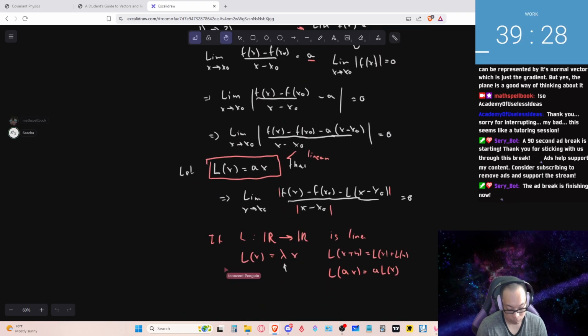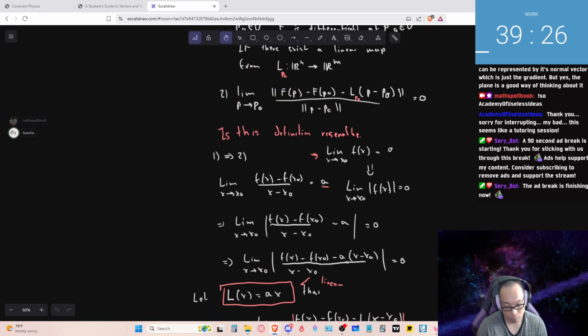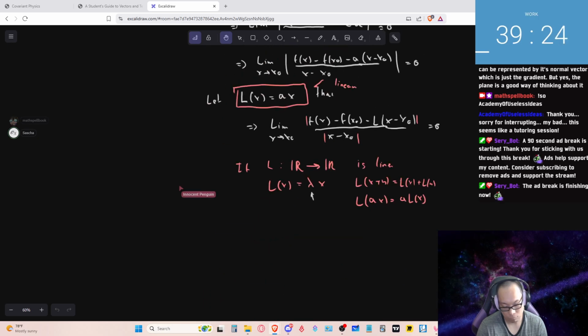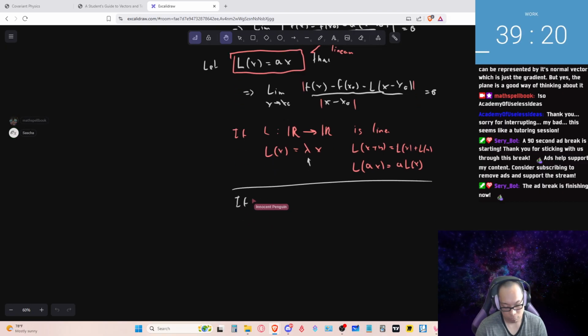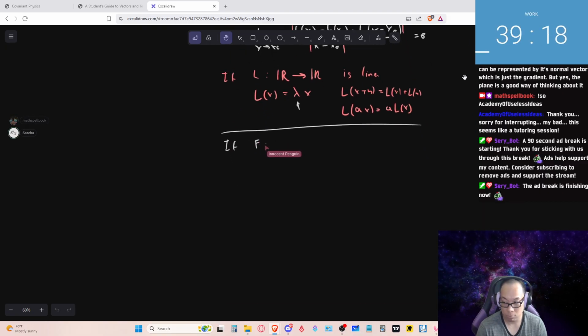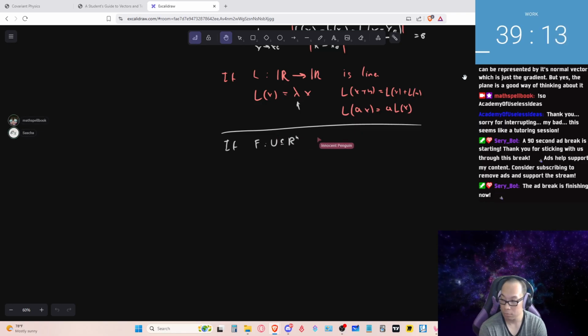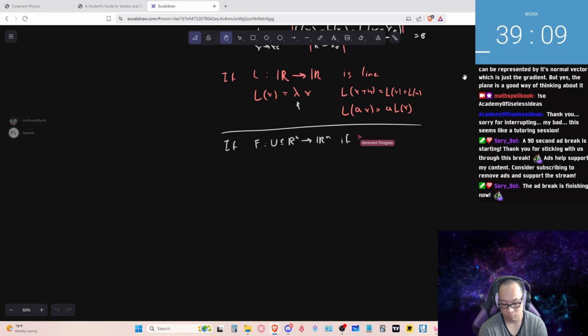But usually we don't use this notation. We don't usually write the L. We have a better notation for that. So, same setup: we have U some open set from Rn to Rm.